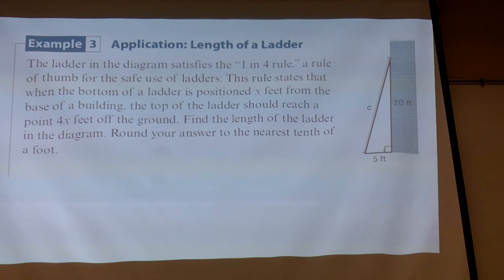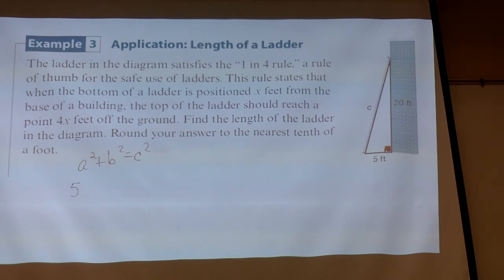Notice in the diagram that the angle from the ladder to the building is a right triangle. It's a right angle. So we can use a squared plus b squared is equal to c squared. Okay, so to solve this, we're going to say a squared plus b squared is equal to c squared.